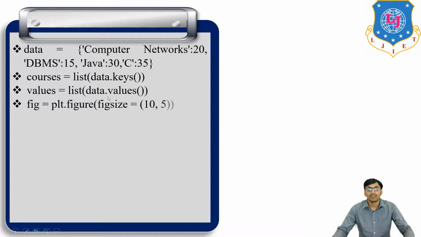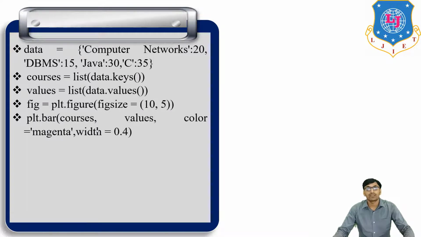Okay. Then fig is equal to plt.figure, and in the bracket figsize is equal to 10, 5. It means in the x-axis 10 inch, in the y-axis 5 inch. Then plt.bar in the bracket courses, then values, and then color is equal to magenta and width 0.4.